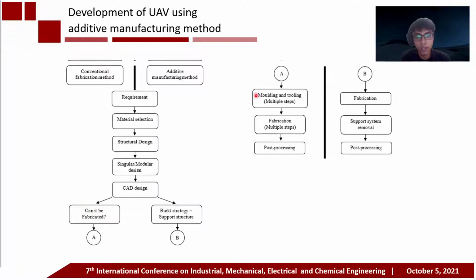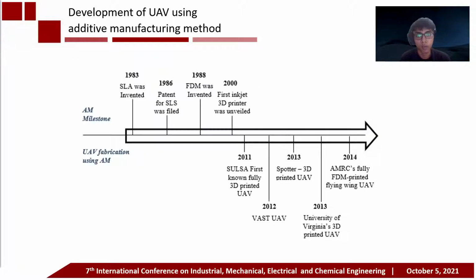If yes, next to molding and tooling, fabrication and post-process. And in the additive manufacturing method, after CAD design, next is the build strategy of the superstructure, then fabrication, superstructure removal, and post-processing. And the following figure shows the development of additive manufacturing technologies and their application in UAV.